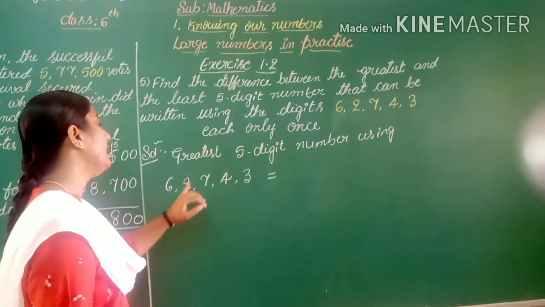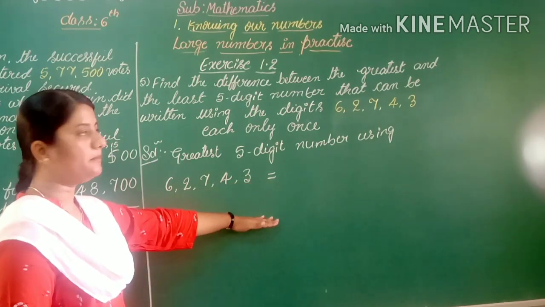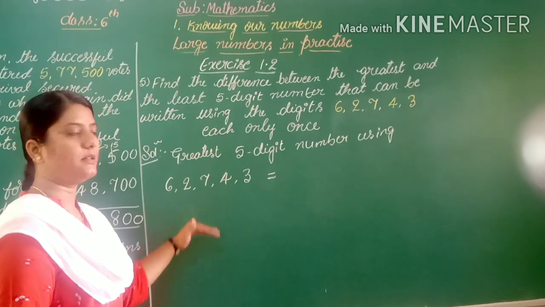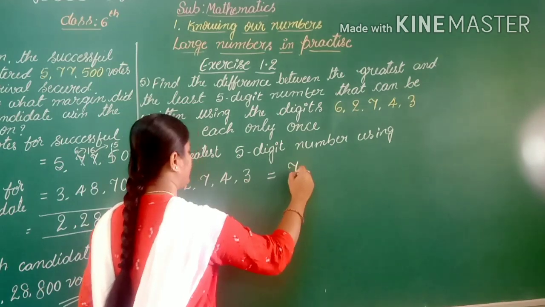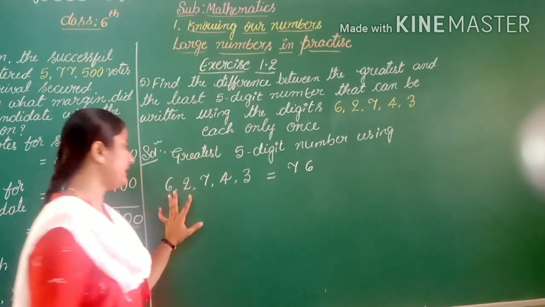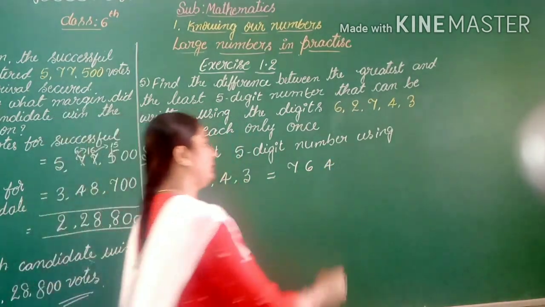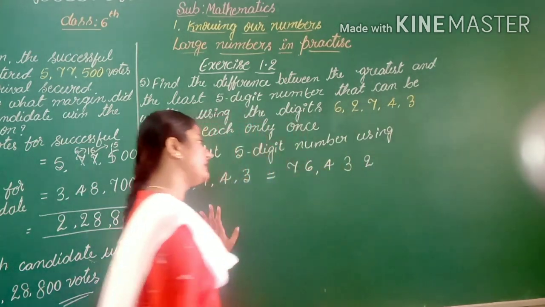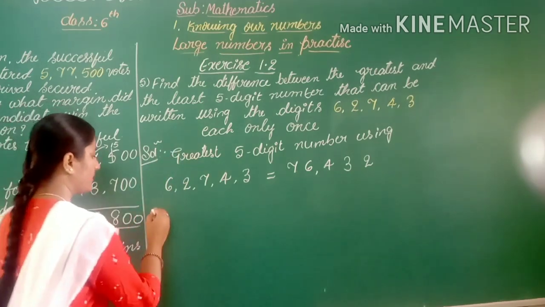Before I said that in the highest place value, when we arrange the numbers for the greatest number, we have to put the greatest digit at first. Here the greatest digit is 7, then 6, then 4, then 3 and 2. That is 76,432.